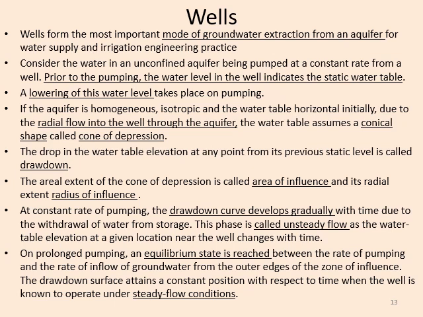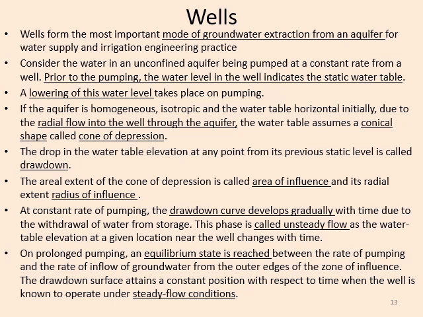The areal extent means the area of the cone of depression, up to which distance from the center of the well the cone of depression will happen. The areal extent of the cone of depression is known as the area of influence.